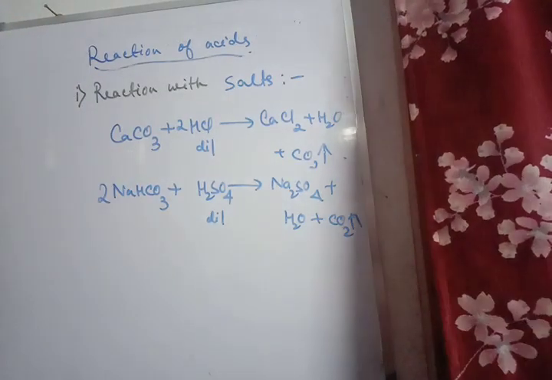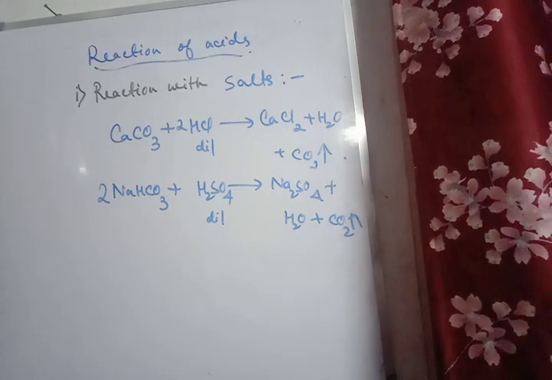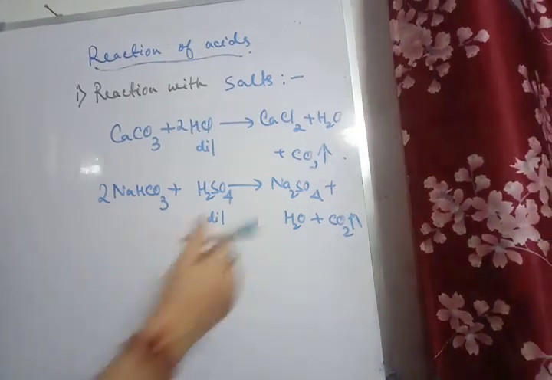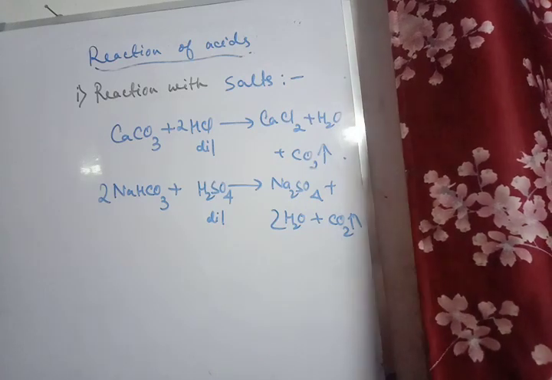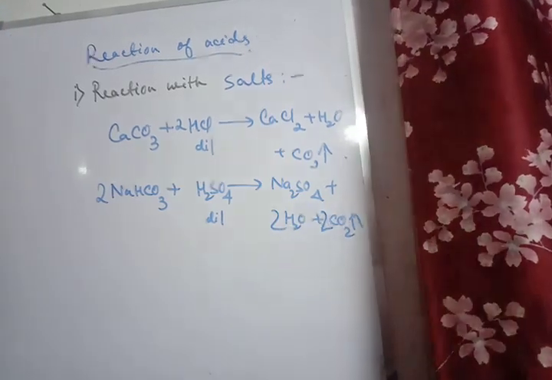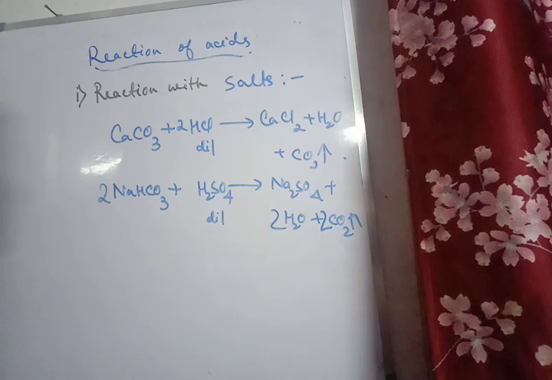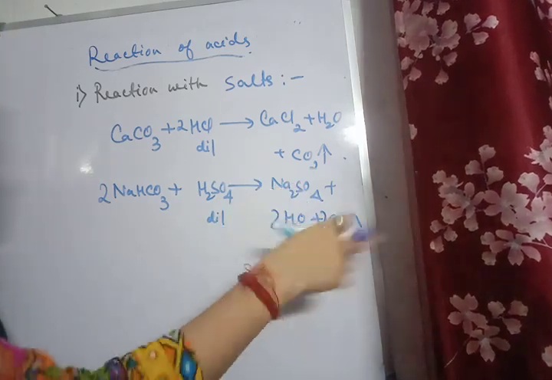So 2NaHCO3 plus H2SO4 gives Na2SO4 plus 2H2O plus 2CO2. Here oxygen: 2 times 3 is 6 plus 4 is 10, and on the right 4 plus 2 plus 4 is 10.